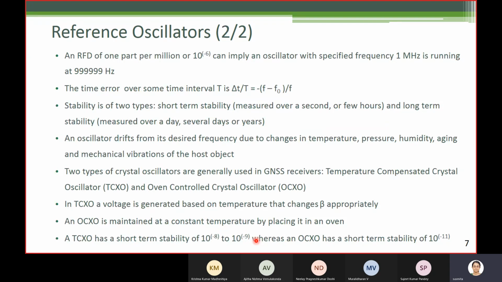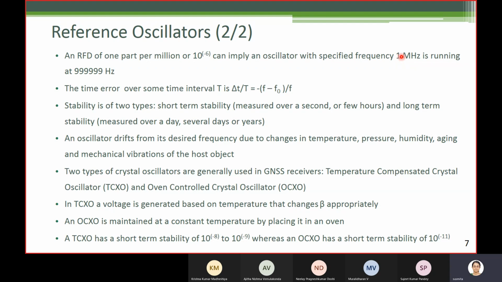Now, suppose a crystal oscillator has an RFD of 1 part per million. 1 part per million means 1 in 10 to the power 6, or we can say 10 to the power minus 6. The RFD is 10 to the power minus 6. So this can be interpreted as follows. Let's say the oscillator has a desired frequency of 1 megahertz, but it is actually running at a frequency 1 hertz less than 1 megahertz.